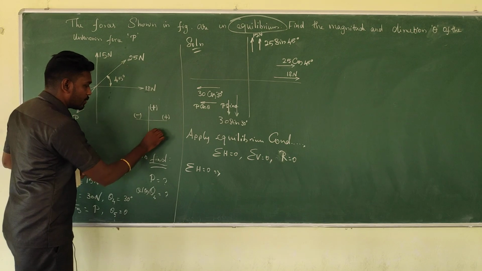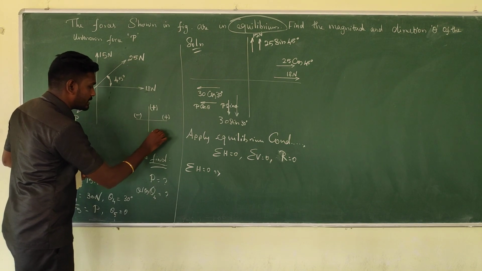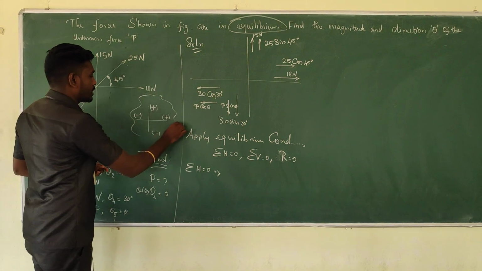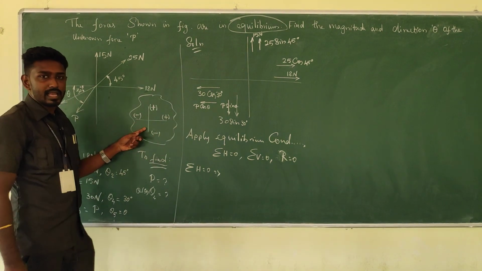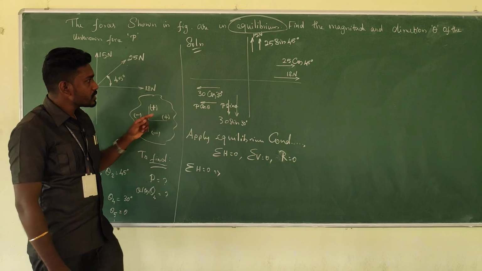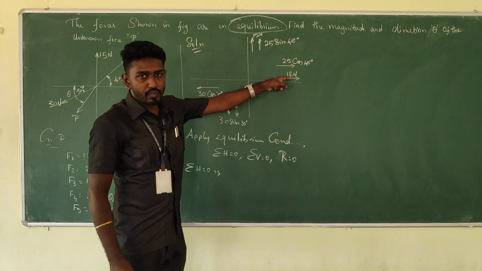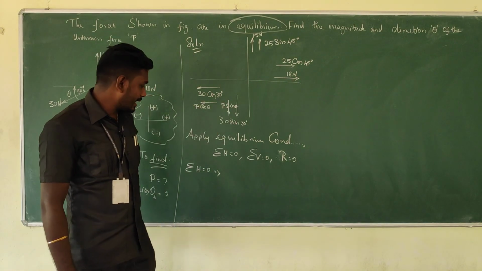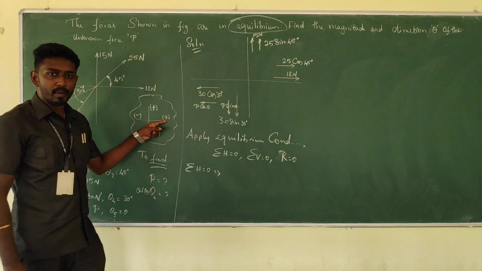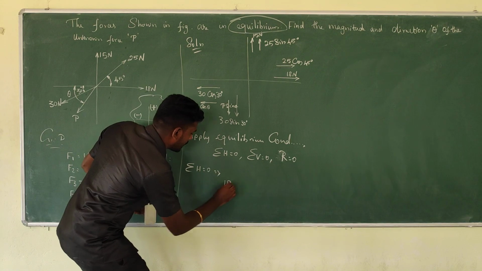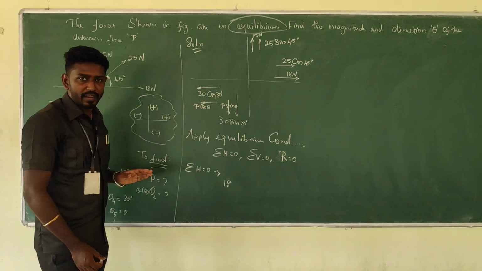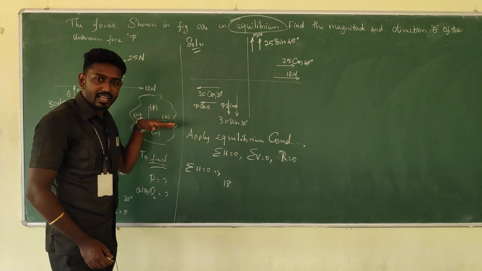If the force is moving vertically downwards, the sign is negative. You must have thorough knowledge of representing these signs. So here the 80 Newton force is a horizontal force directed horizontally right, so it's a positive sign. And what about the next, 25 cos 45 degrees, which is directed horizontally right.